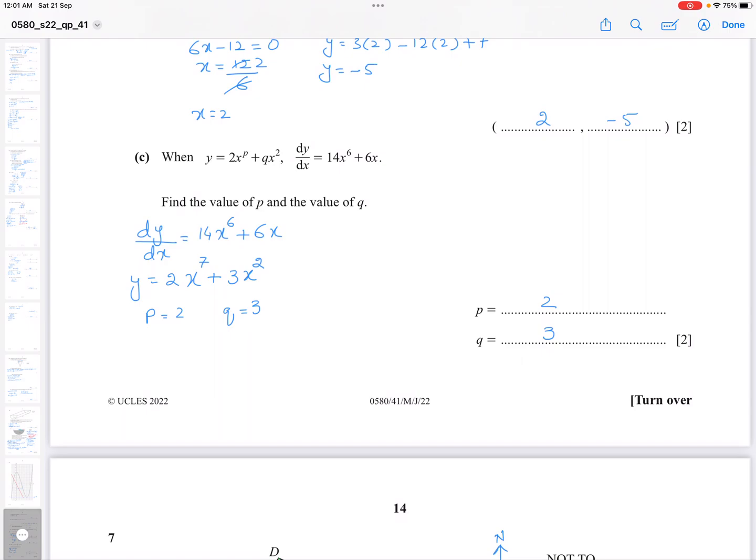So likewise, your coefficient is q there, so it means that the value of q is 3, and the power of x is 2 there, so your value of p is 2.